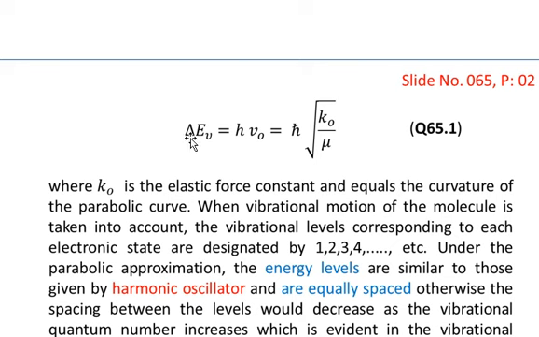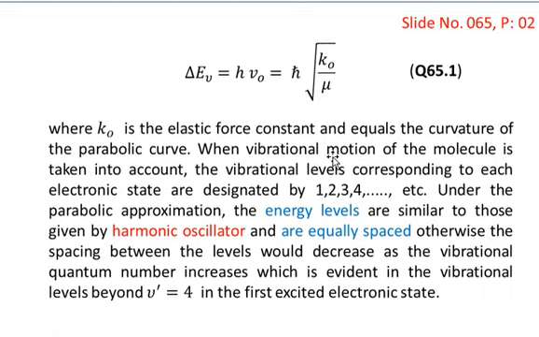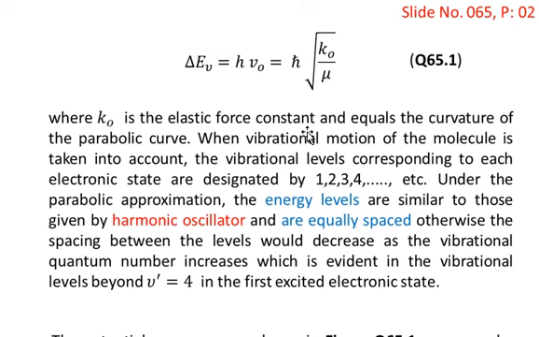The change delta E between two consecutive vibrational quantum numbers is equal to h nu naught, which equals h bar multiplied by the square root of k naught over mu, where k naught is the elastic force constant and equals the curvature of the parabolic curve. And mu is the reduced mass that we have explained earlier, given by m1 times m2 divided by m1 plus m2, where m1 and m2 are the masses of the two atoms respectively.